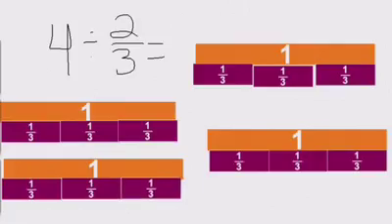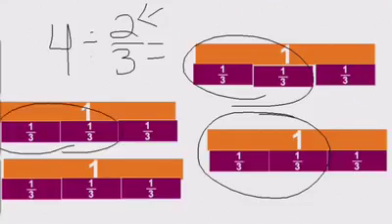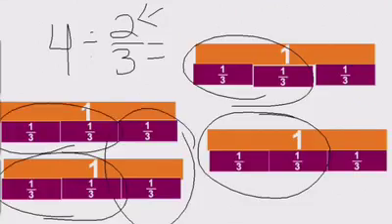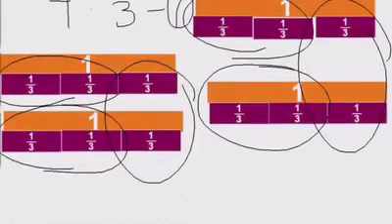Okay, our numerator is telling us to put these into groups of 2. Let's go ahead and do that. Count the total number of groups you have, 1, 2, 3, 4, 5, 6. So we can say that 4 divided by 2/3 equals 6. Go ahead and take your picture, drop that into GoodNotes.